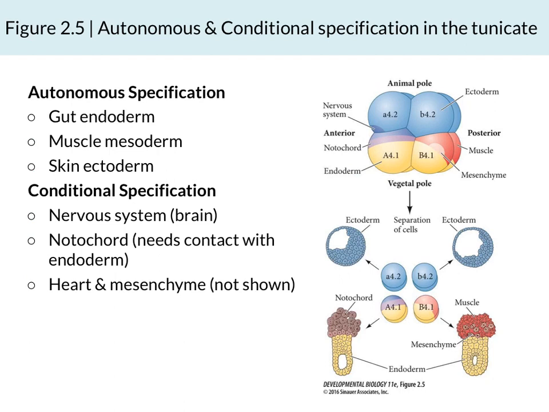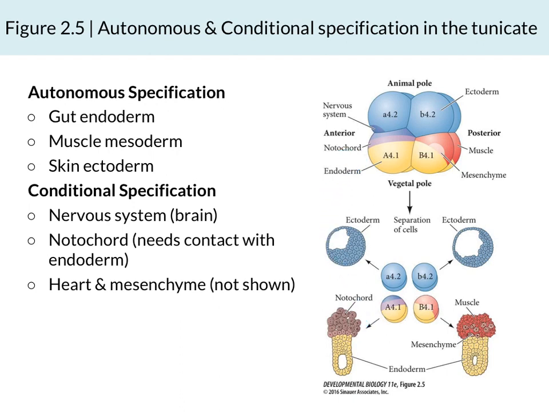Now notice here that even though the notochord is conditionally specified, it still appears to form properly when the cells are separated early in development. However, the reason for this is that the signals that induce the formation of the notochord come from the endodermal cells, which are going to be derived from the same blastomere that gave rise to the notochord, as you can see here.